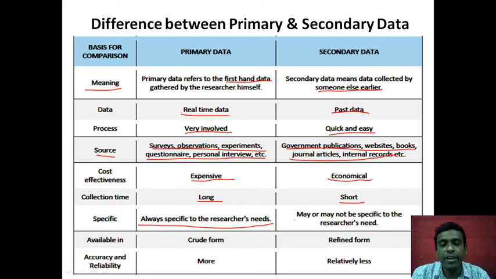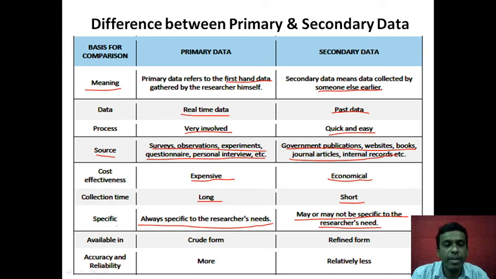On the other hand, because someone else has collected the secondary data, I do not know what was his research problem, and that is why sometimes it may not be 100% relevant to me, but I can use it. So with respect to relevance or specificity, primary data is much more specific and very relevant to the problem under study, whereas secondary data may not be 100% specific or relevant to the problem under study.